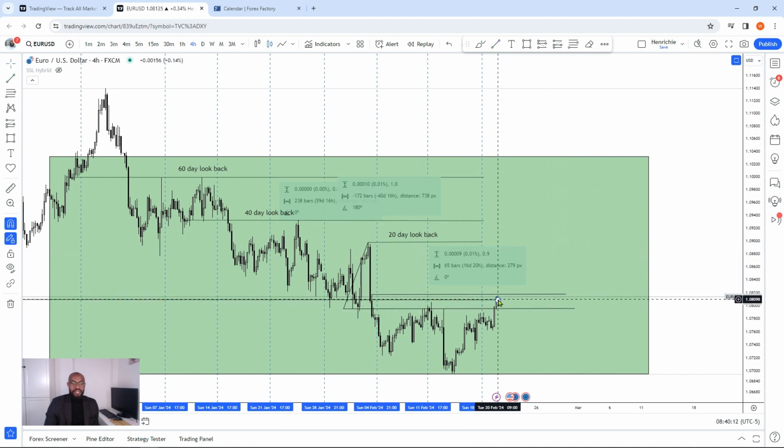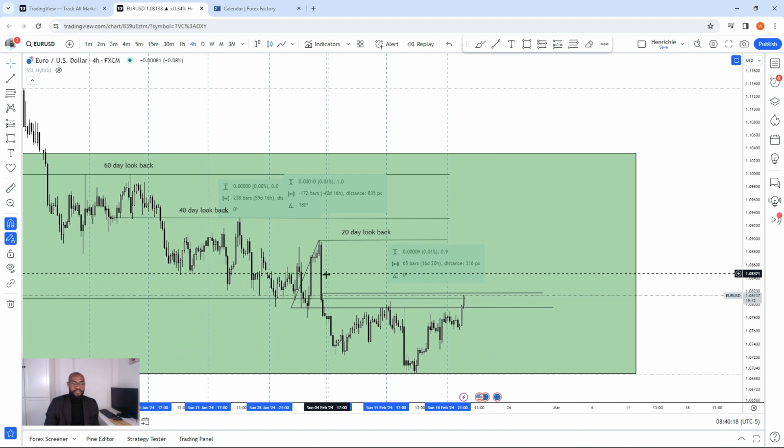This inefficiency could be acting as a drawn liquidity to attract price into that position because this is a 4 hour inefficiency.